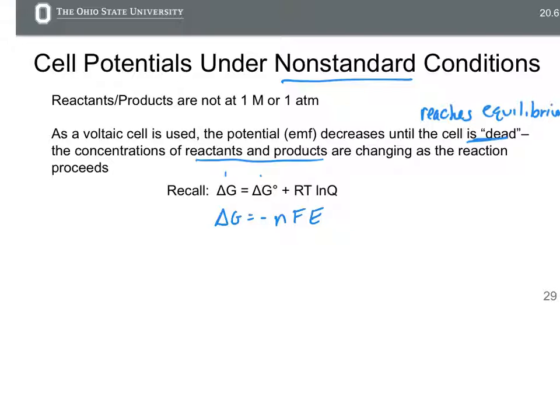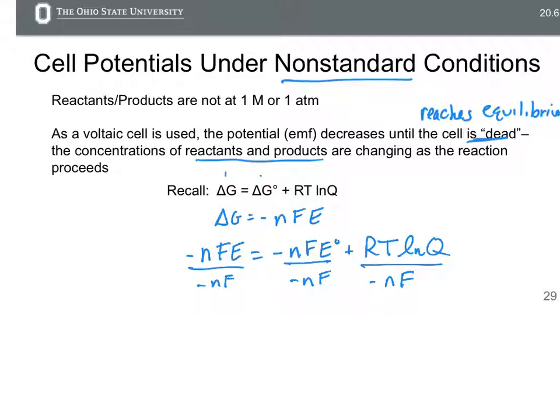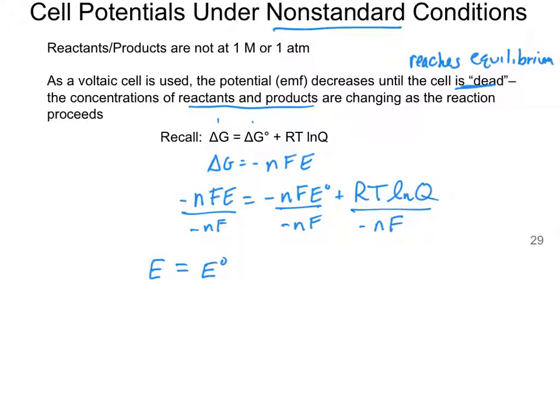So we can plug in minus nFE for delta G: minus nFE equals minus nFE naught plus RT times the natural log of Q. Dividing everything by minus nF, the potential is equal to the standard potential minus RT over nF times the natural log of Q.